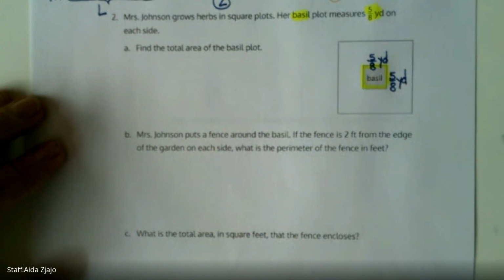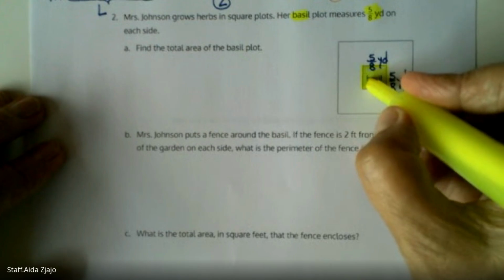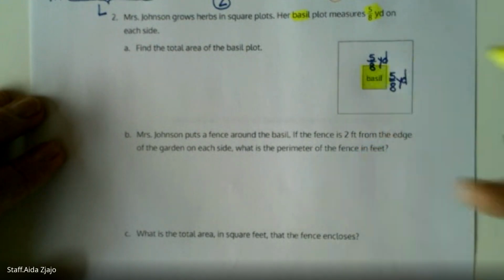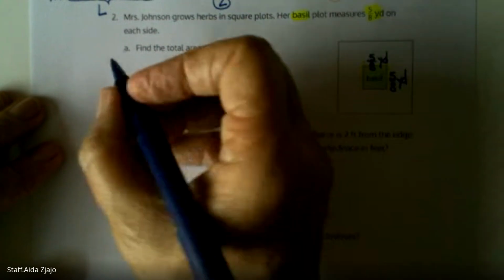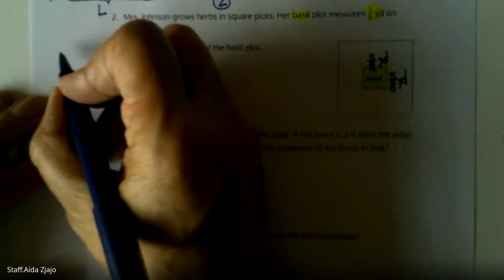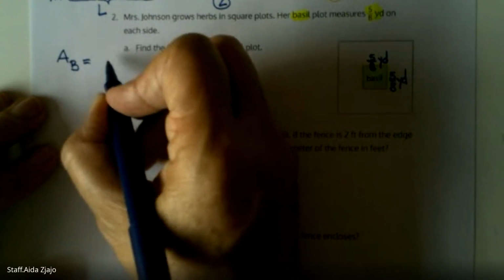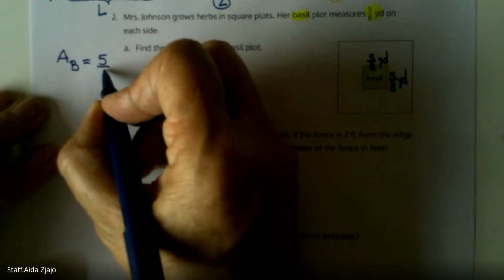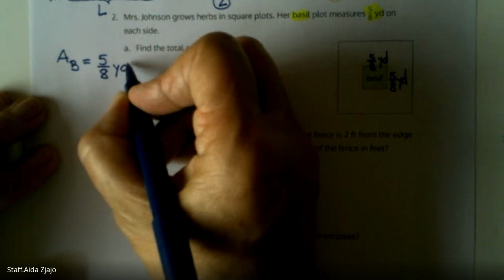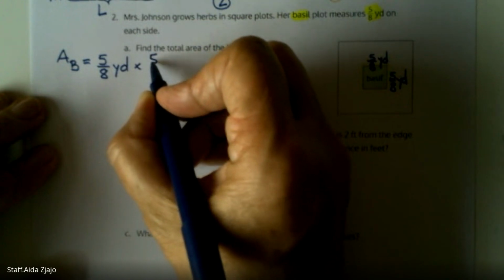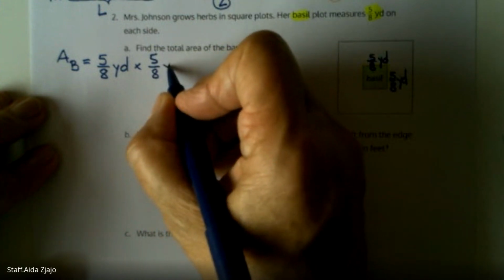If this is the basil plot, I just need to multiply 5/8 by 5/8. So area of basil equals 5/8 yard times 5/8 yard.